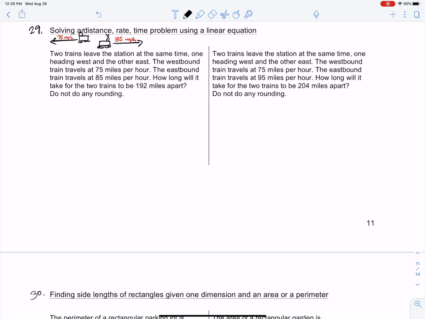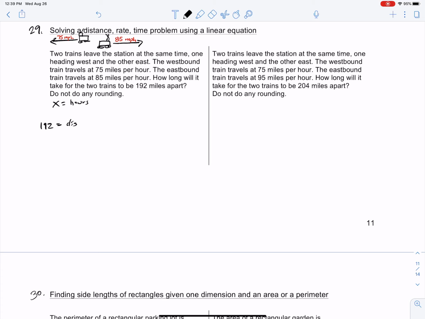So we need to set our variable. I'm going to choose x. You can choose any variable you want, but x is going to be number of hours. We're trying to figure out 192 miles apart.